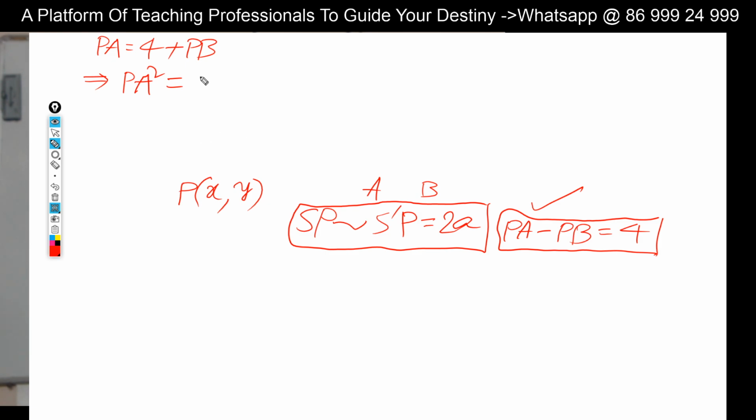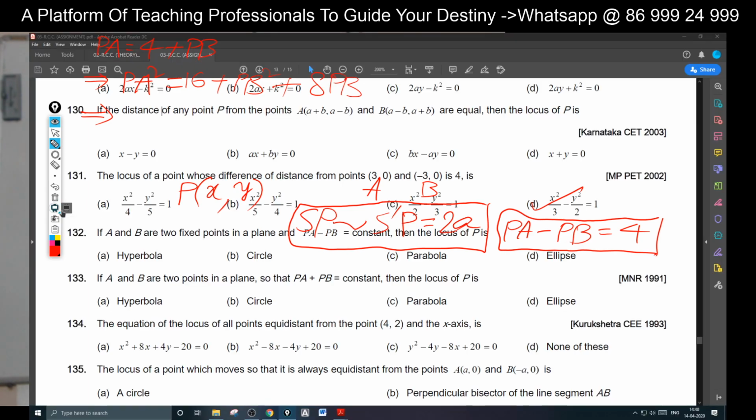So PA square is equal to 16 plus PB square plus 8 PB. Now what is PA square? A is already given to be (3, 0), and B is given to be (-3, 0). And hence we will write that now.